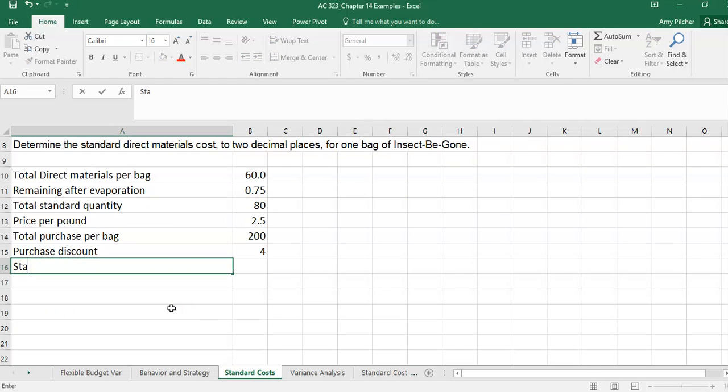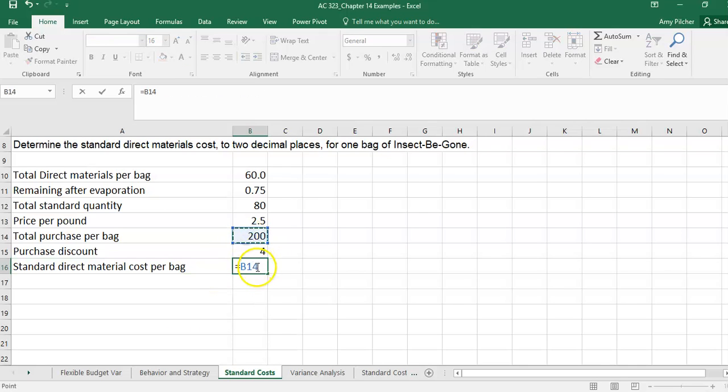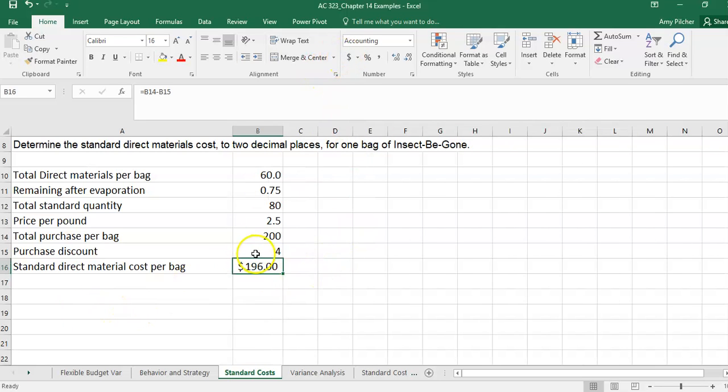So the standard direct material cost per bag for production is 200 minus 4, $196. And that is the standard cost we would use for our direct materials and our variance analysis.